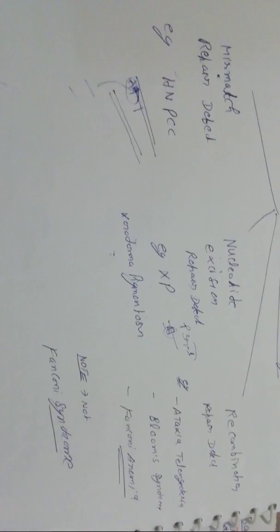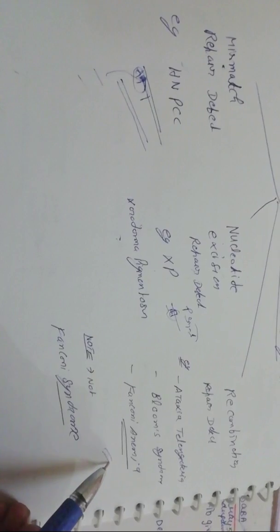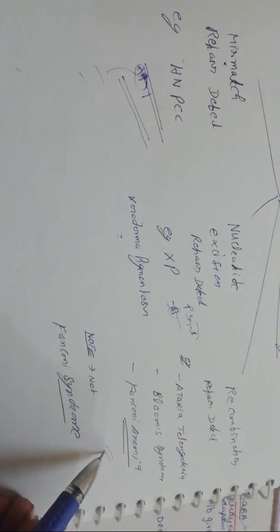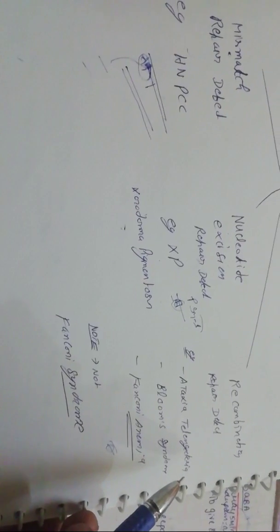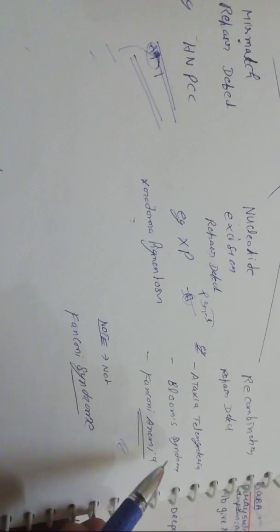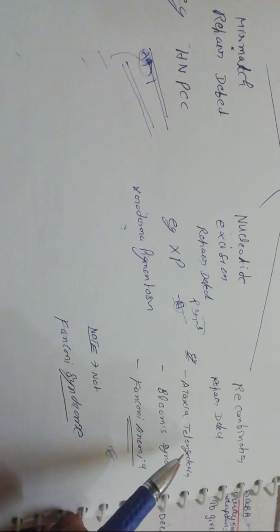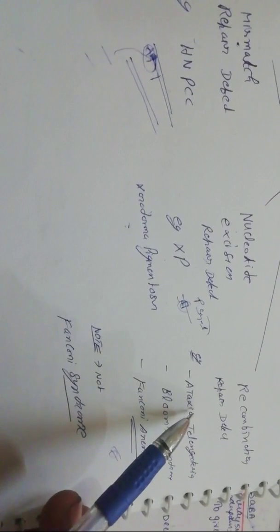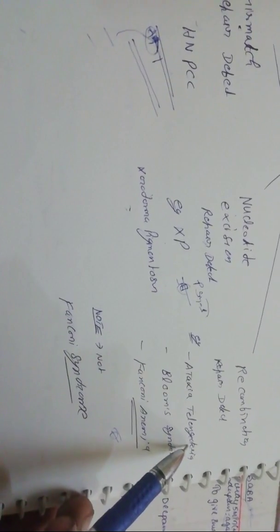And the next thing you have to understand, there is something known as recombination defect. You know that the DNA undergoes recombination here. If there is any problem with the recombination repair, that can lead to ataxia telangiectasia, Bloom's syndrome, and Fanconi's anemia. So what is ataxia telangiectasia? Ataxia is nothing but loss of control of bodily movements, right? Telangiectasia is a dilatation of capillaries.